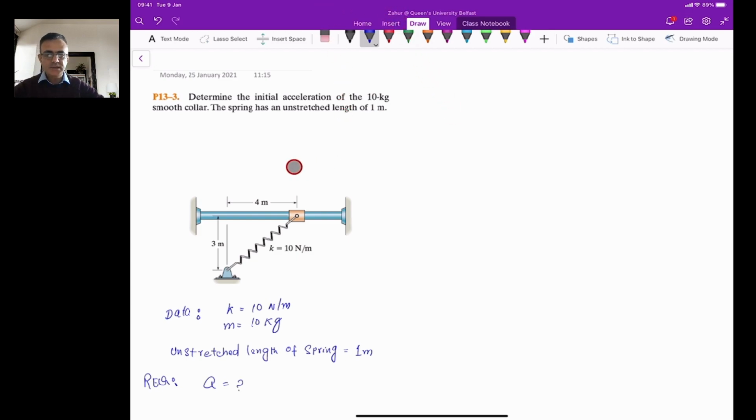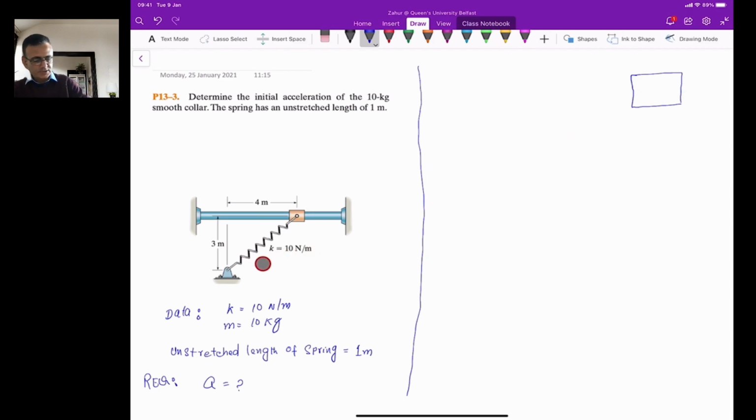To solve this problem, first we need to draw the free body diagram. Obviously we are interested in the collar here, so we will draw the free body diagram of the collar. Then we need to identify all the forces acting on this collar.